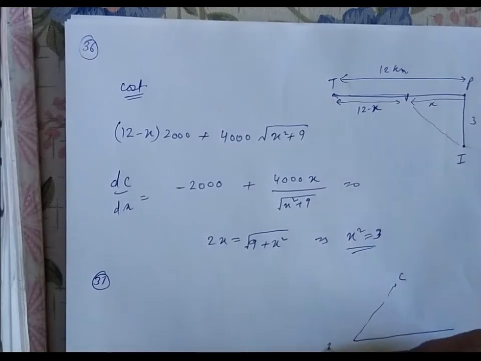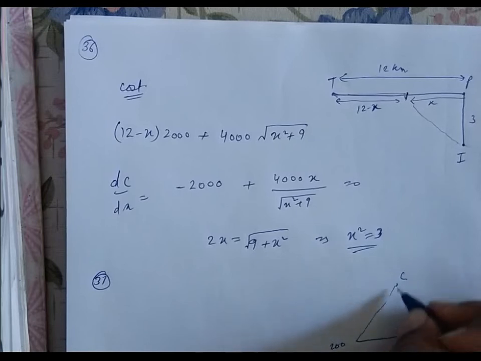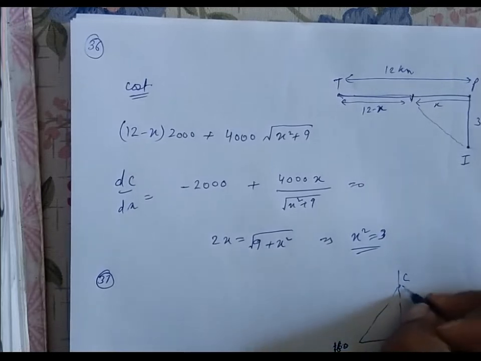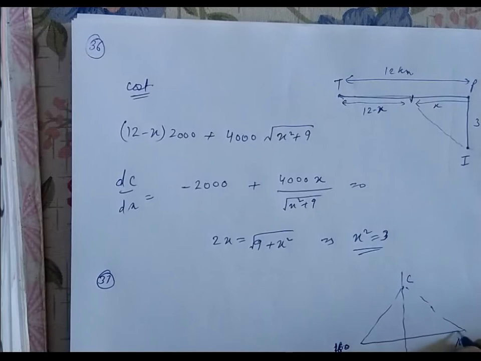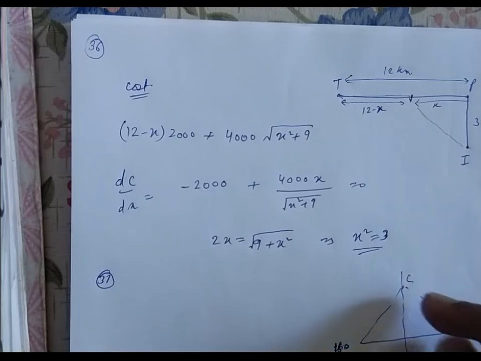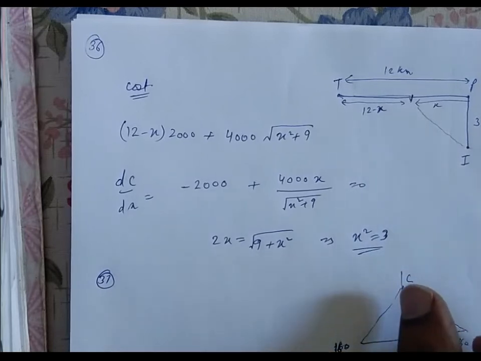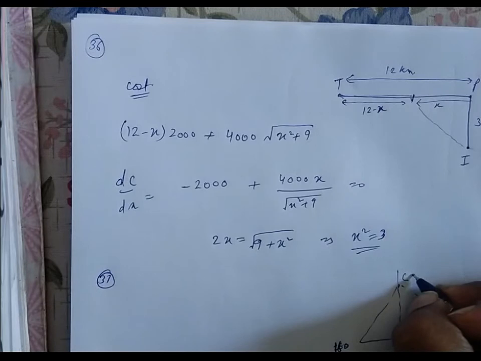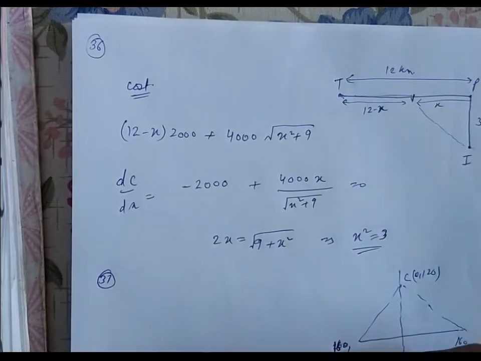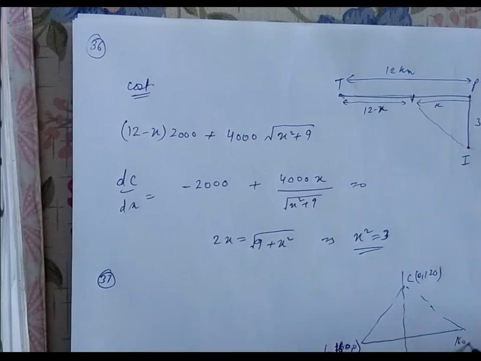C is 200, sorry, this is 160, this is 160, and it would form a Pythagorean triplet, 16, 12 and 20. Okay, so the points will be (0, 120), (minus 160, 0) and (160, 0).